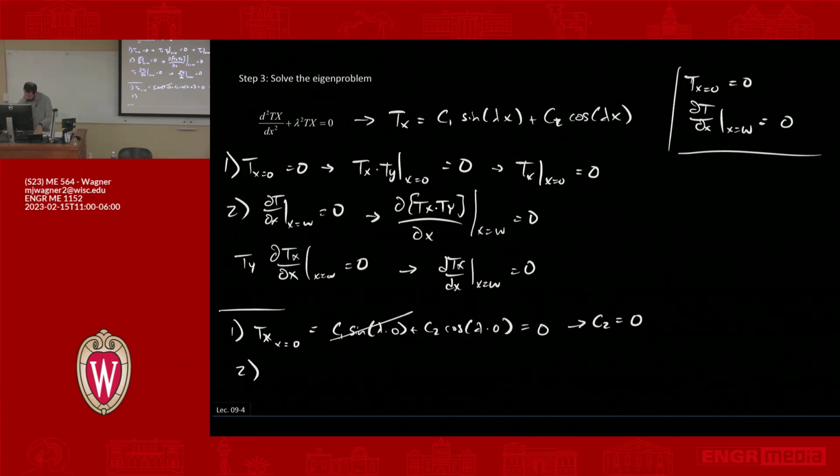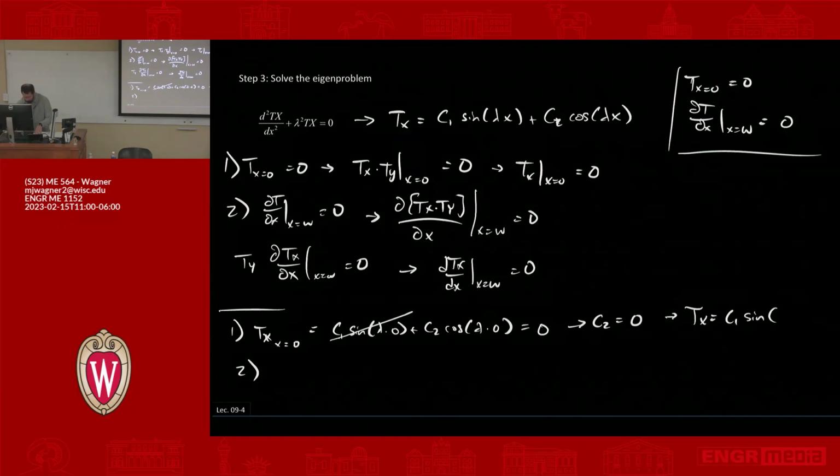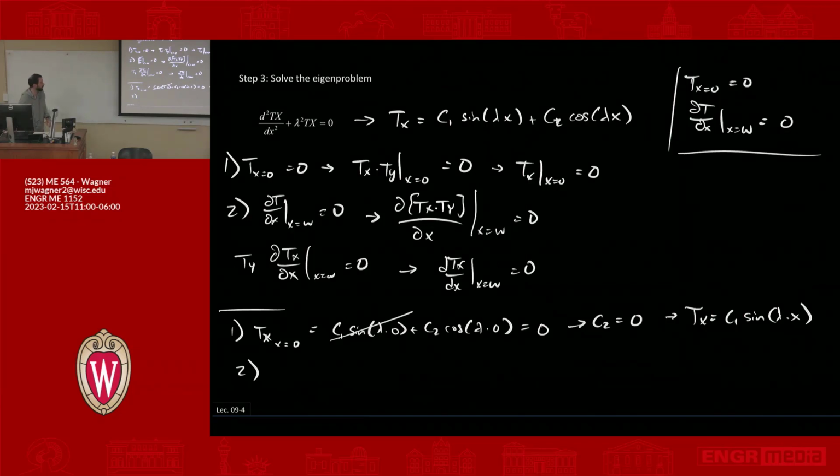So let's see. Let me just, actually, at this point, rewrite something here. So we're going to say T(x) is equal to C1 sine of lambda times x. Okay? That's where we are. So now we have our step 2, which is dT/dx.